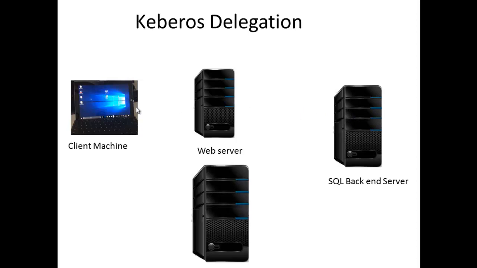Now the user has logon access to the web server service, but the user does not have access to the SQL server. What we're doing here is removing the control from the resource administrator.